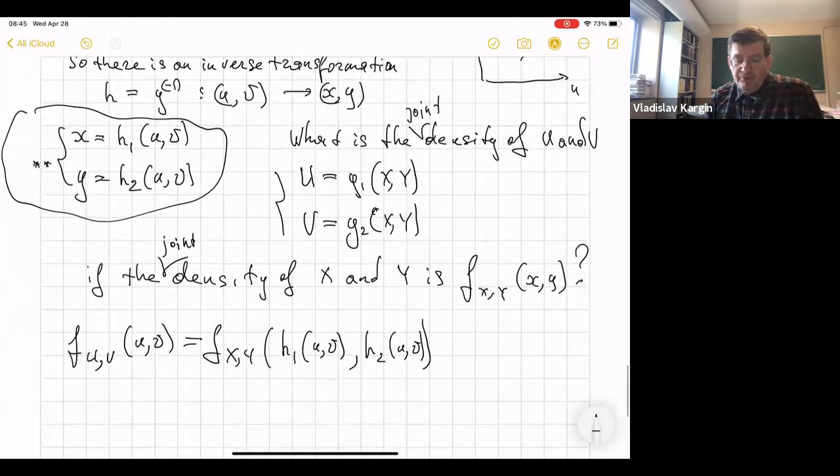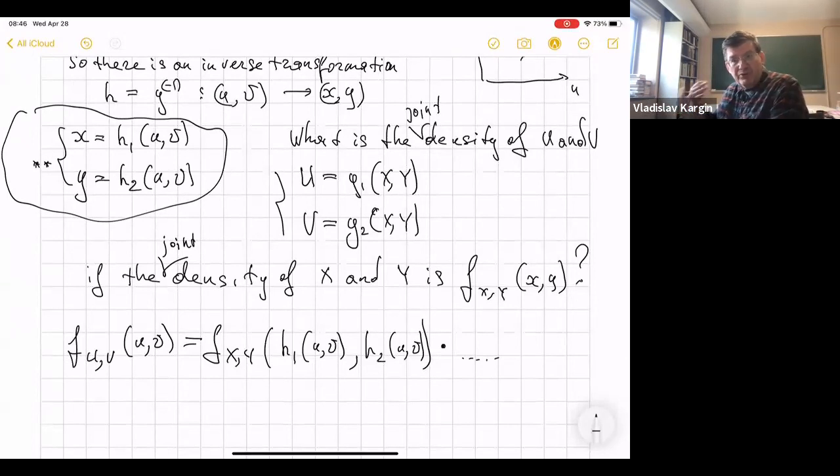Okay? Now, we know from our previous case about univariate random variables, when there's just one random variable, we need to multiply by the stretching factor here. Unfortunately, I'm not going to prove it. I just tell you that it's something like what we've already seen in multivariate calculus.